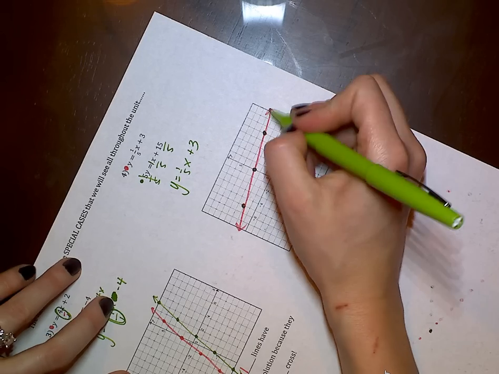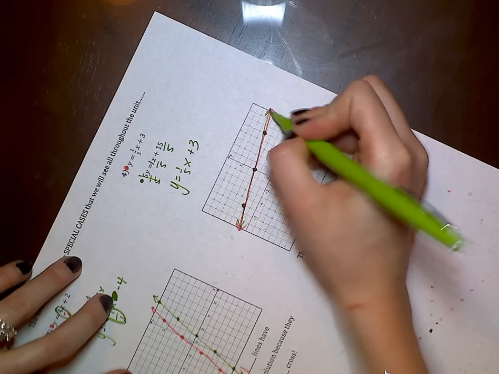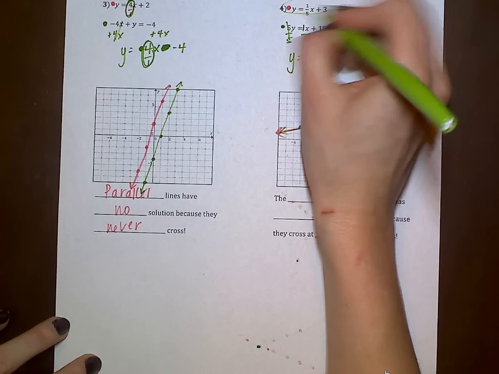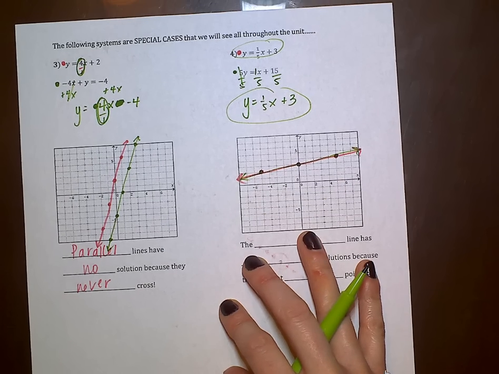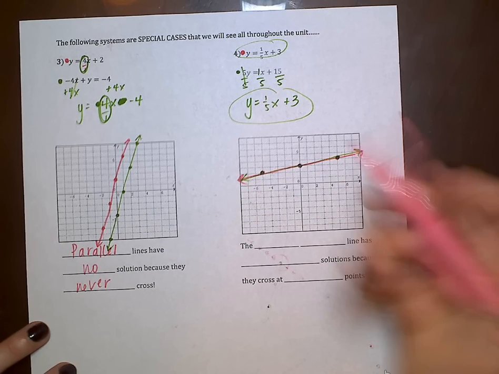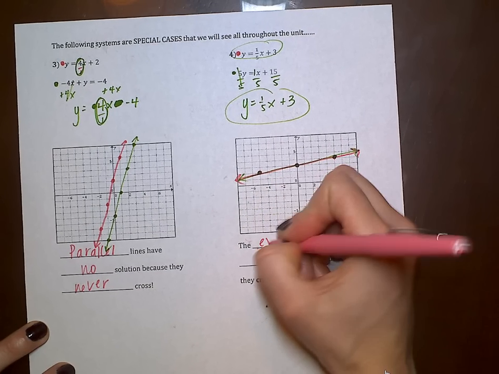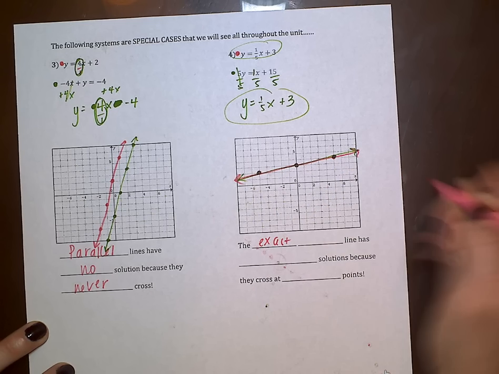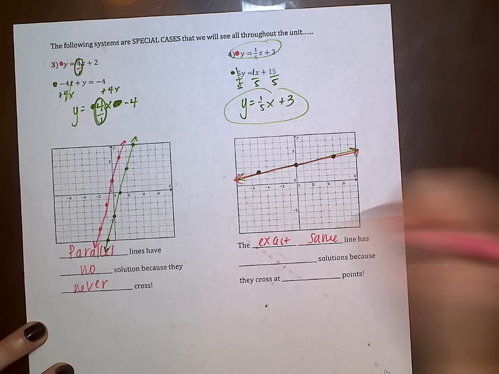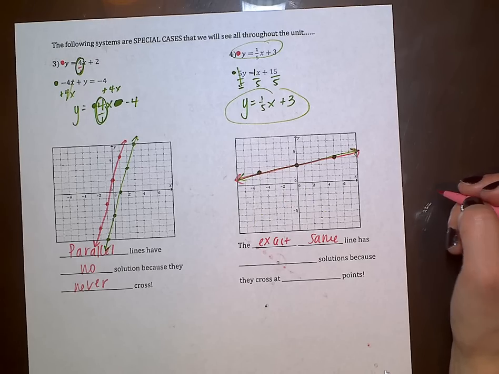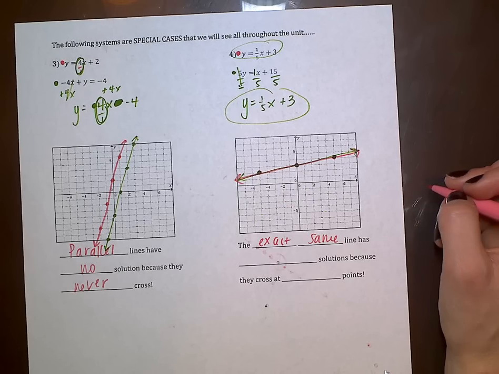Okay, what do you know? These lines, and look at the equations, they're the exact same thing, 1/5 x plus 3. So if you get this situation when you're going through and solving your systems, and it's the exact same line, again, think about how many solutions this has. I told you that the answer is where the lines cross.